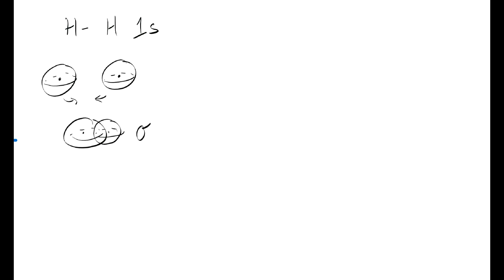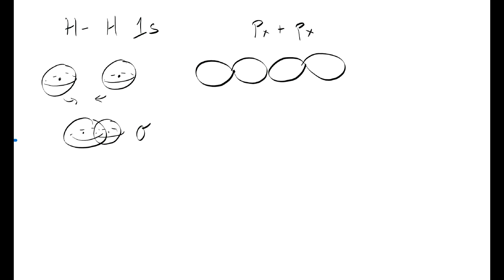For others, it gets a little bit more complicated just because there's more orbitals flying around. So let's abstract it a bit, not necessarily look at particular molecules. Let's look at px plus px. Here you have the 2 p orbitals, and you bring atoms closer together so they can form bonds, and you get a heck of a lot of overlap between your px and px orbitals.